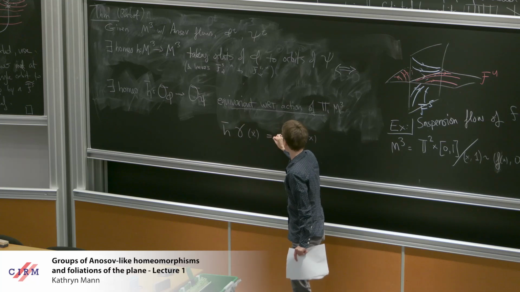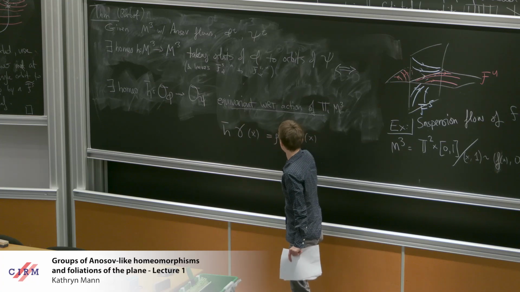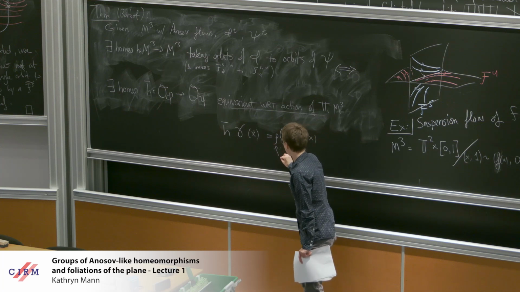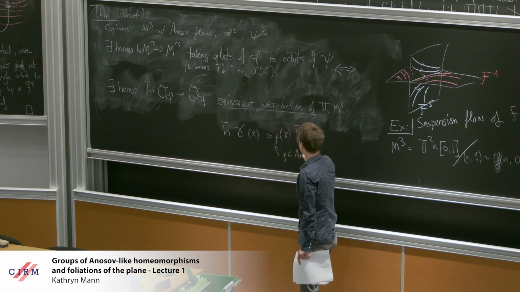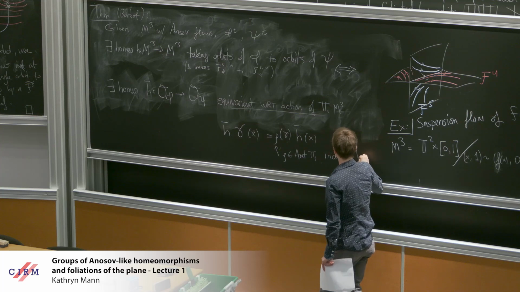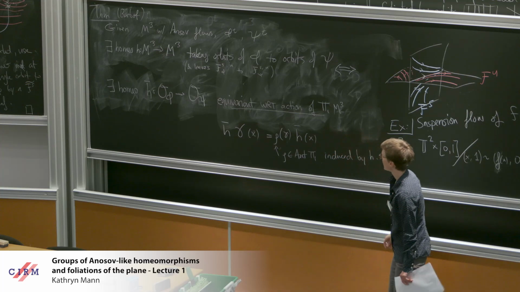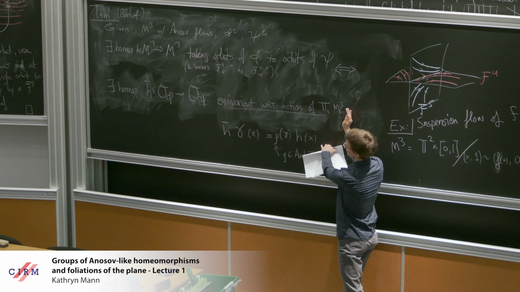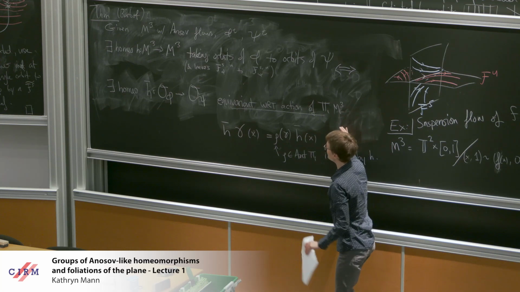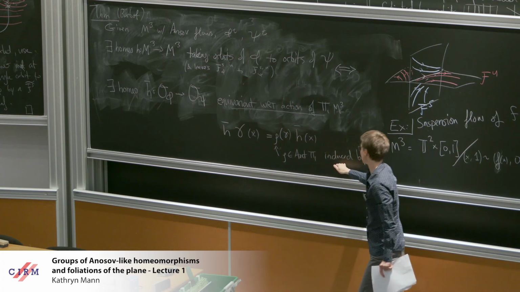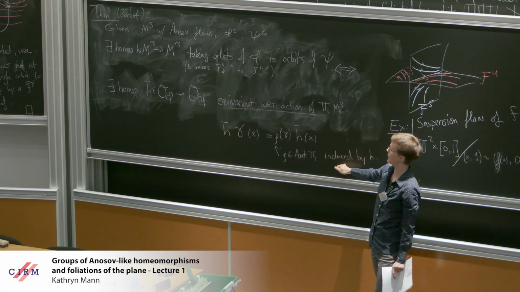So there'll be some automorphism, rho, of pi 1 that you have to take into consideration, where this is induced by H. Go in the opposite direction. If you have an equivariance like this, then you arrive at a homeomorphism that induces this exact automorphism of pi 1.